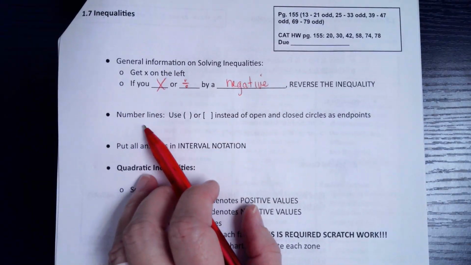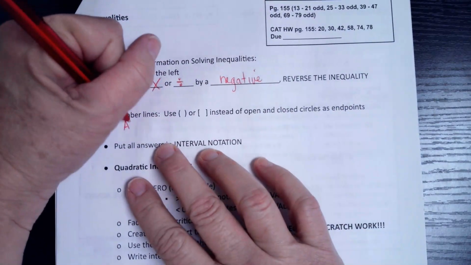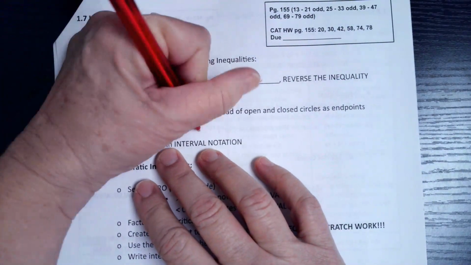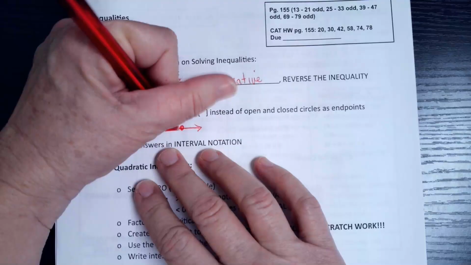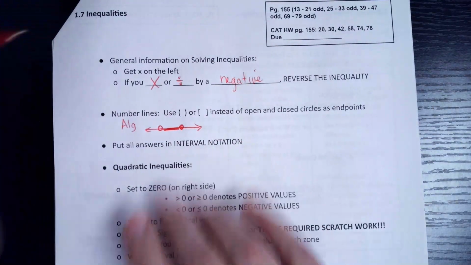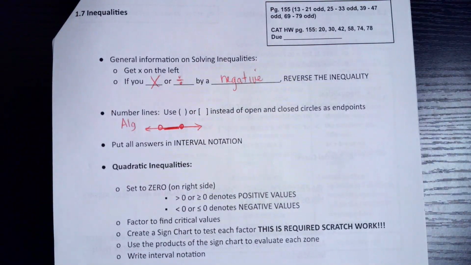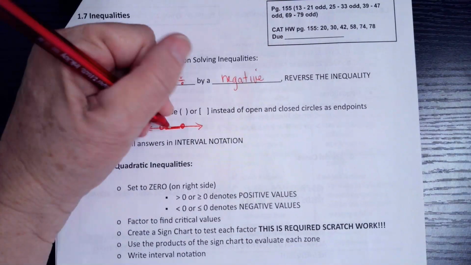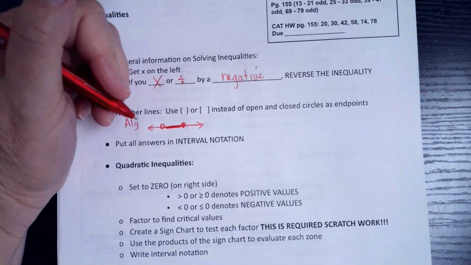So, for number lines, you probably did this in Algebra 2, okay? And in Algebra 2, you probably put open circles and closed circles, right? But in college, we tend to find that instead of open circles and closed circles, they use the same symbols you would use with interval notation.